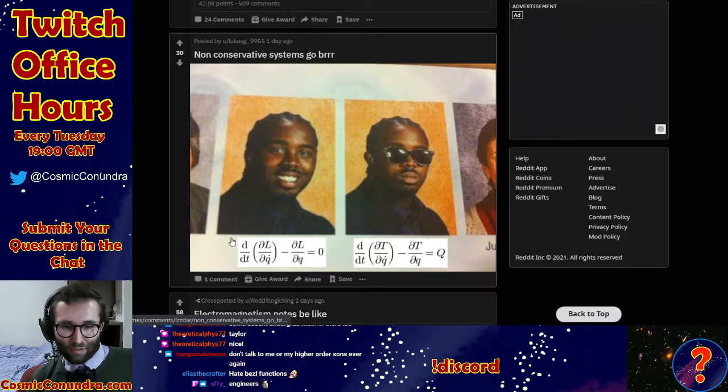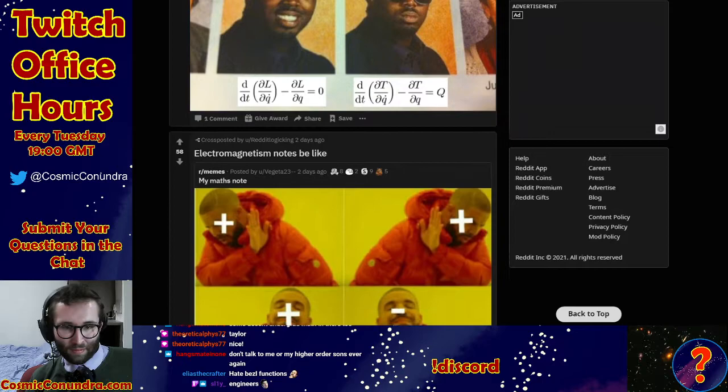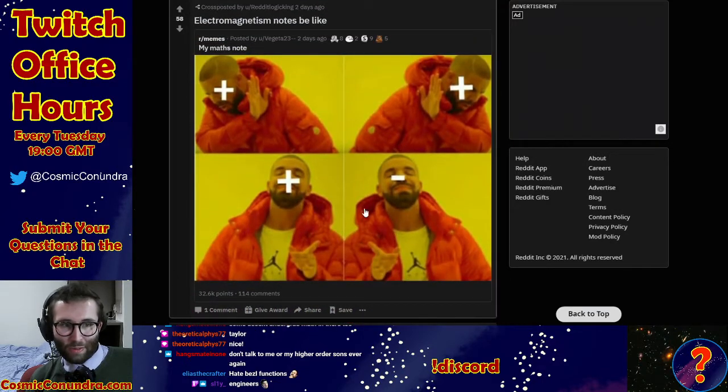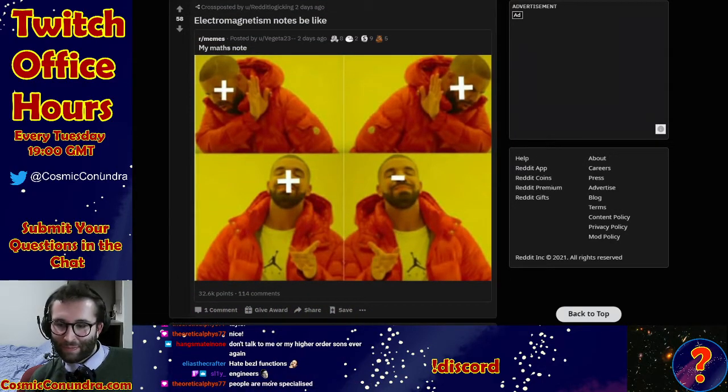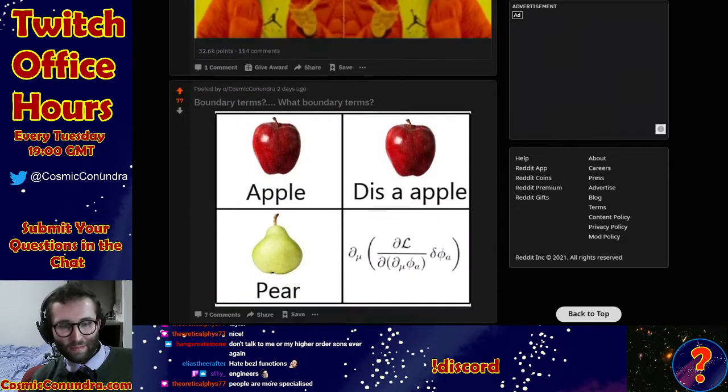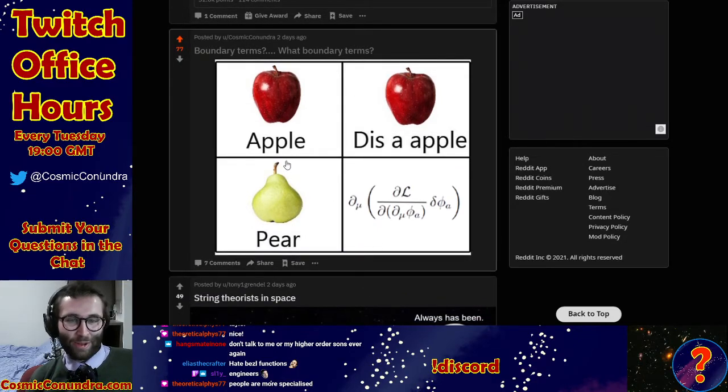Non-conservative system would go brr. Yeah, so this is involving a constraint force in your Lagrangian equations. Electromagnetism notes be like, oh, that's a good figure. I would have enjoyed that if someone had put that in electromagnetism notes for a course I took. Oh, this is another one I put.